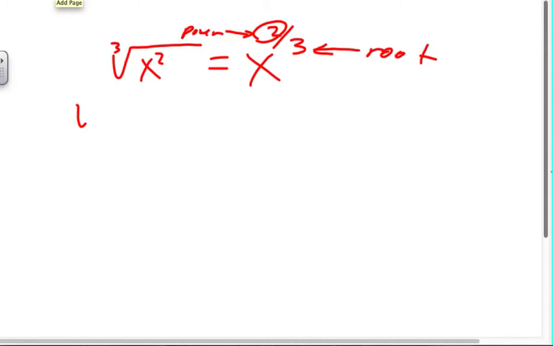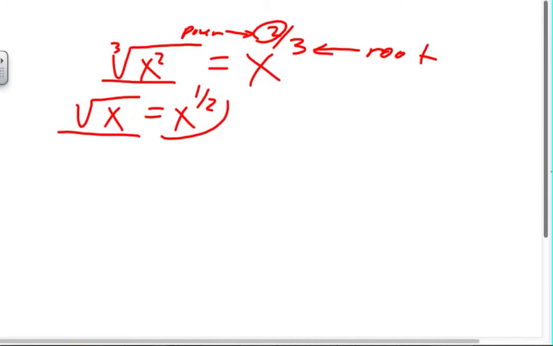Or if I have the square root of x, that is x to the 1/2. You must convert anything like this into this, or you have to use the limit definition.